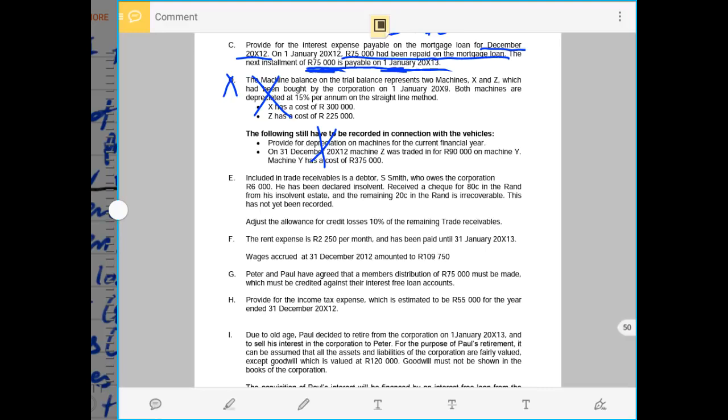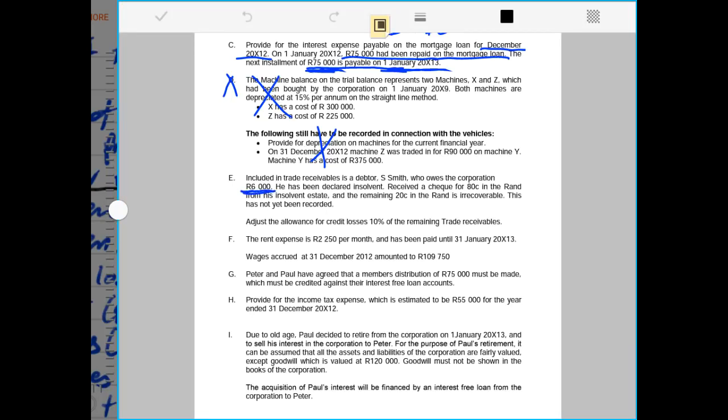He has been declared insolvent and received a check of 80 cents in the rand. So now the debtor owed the business 6,000 rands. Because the debtor was declared insolvent and we only received 80 cents in the rand from his insolvent estate, and the remainder, which is obviously 20 cents in the rand, is irrecoverable, and they tell us that this has not yet been recorded.